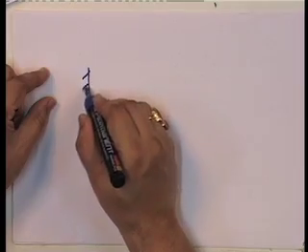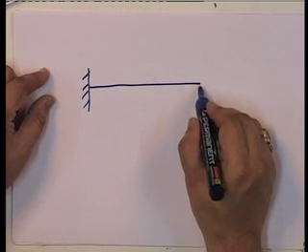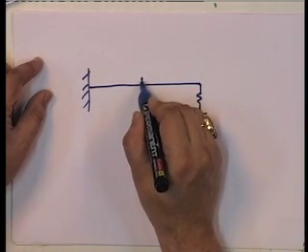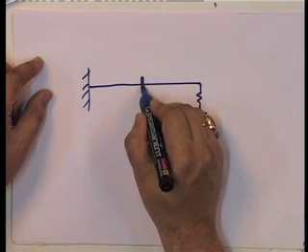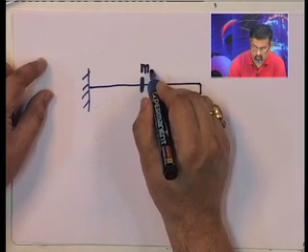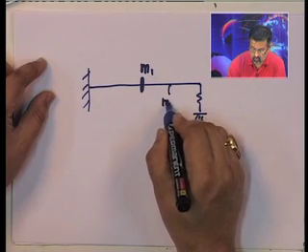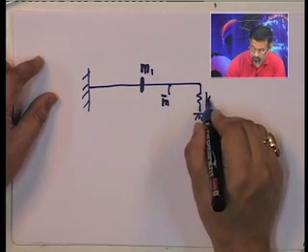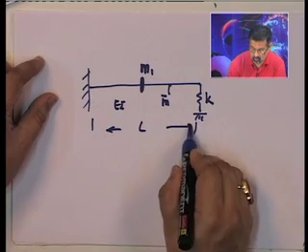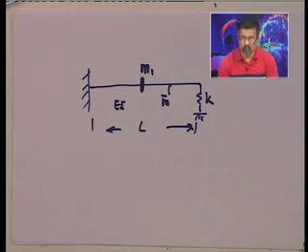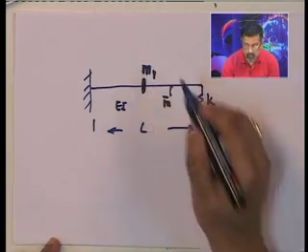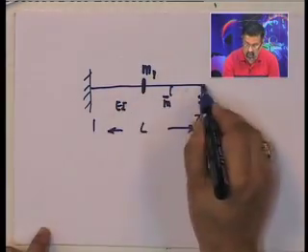Okay, let me take this problem in which I have a point mass given by M1, and I have a distributed mass over the entire bar.